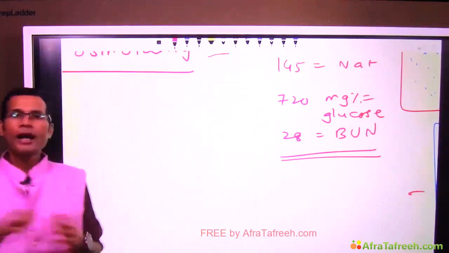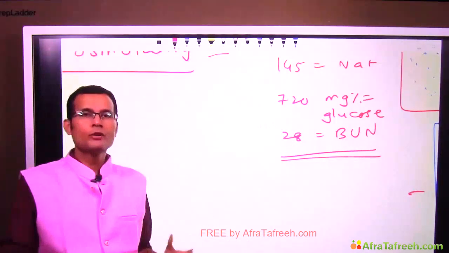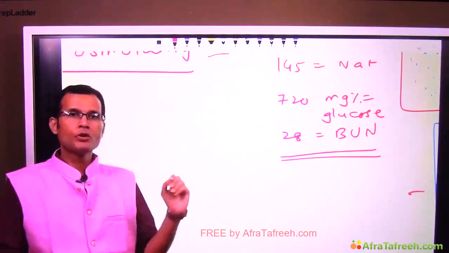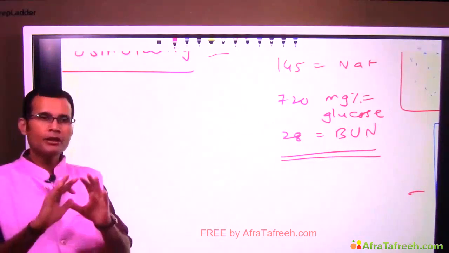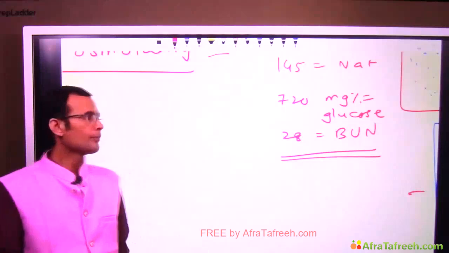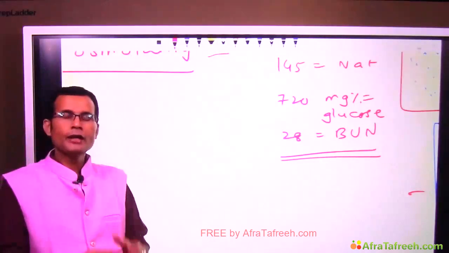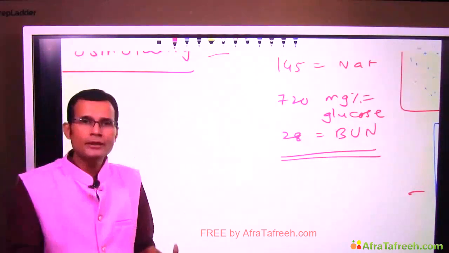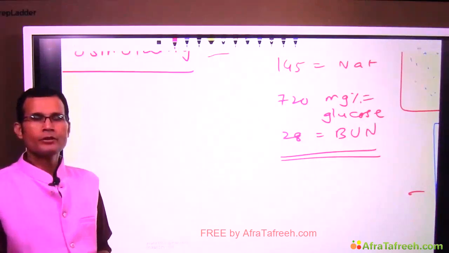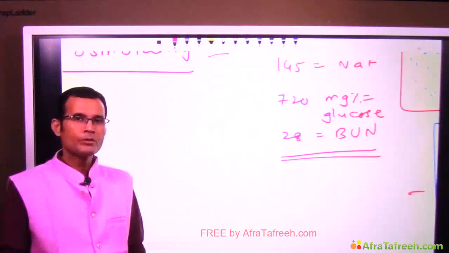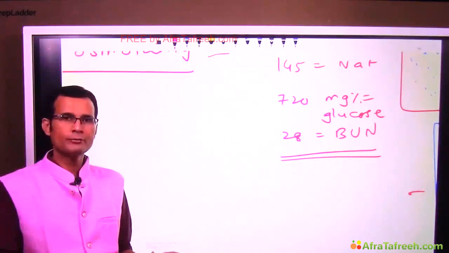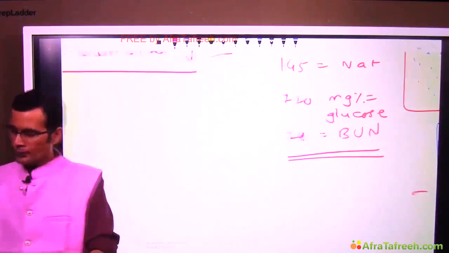And the question is, what is the serum osmolality? Calculate the serum osmolality. Let me change it further and let me ask you, calculate the serum tonicity from this. Instead of osmolality, I am calling it serum tonicity. So how do you calculate that? What's the difference? Let's see.